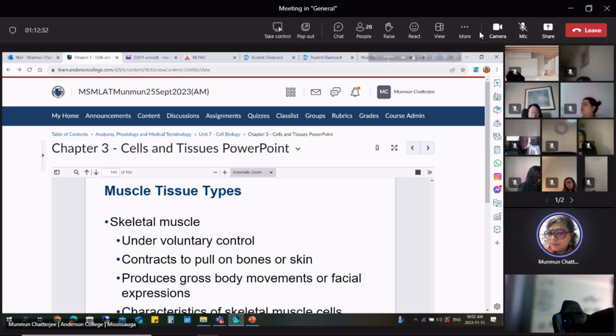It contracts to pull on bones or skin, because for movement you need to push and pull the bones. It produces gross body movements or facial expressions.